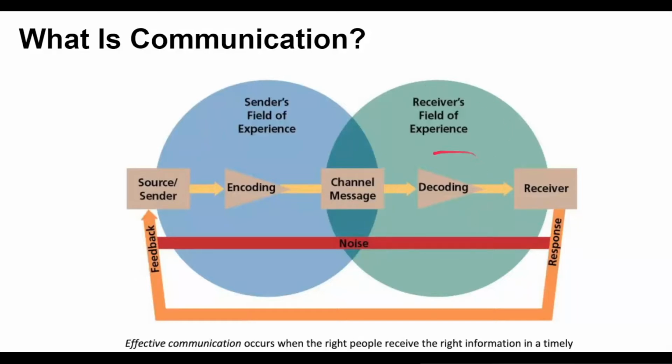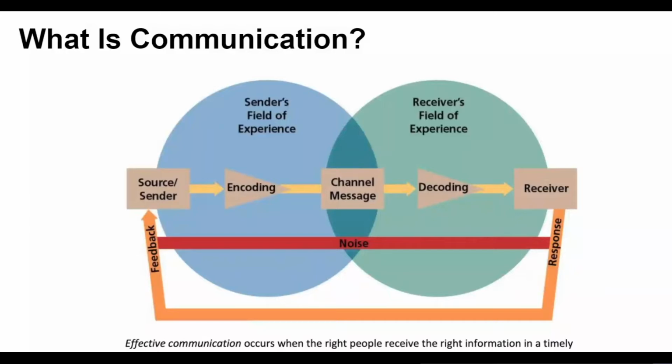Younger people will tend not to have as great a field of experience. So if the sender is talking about something totally foreign, like the communications process, and you've never heard of it before, the sender's field of experience is taking it for granted. Well, obviously, everybody knows about the communications process. I've done this 1,000 times.